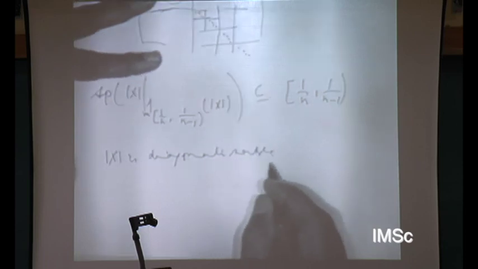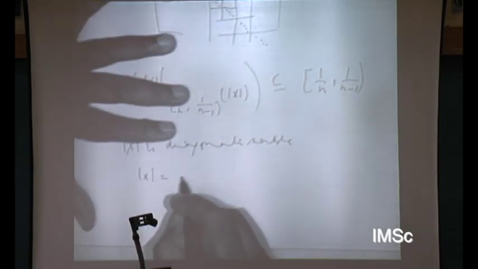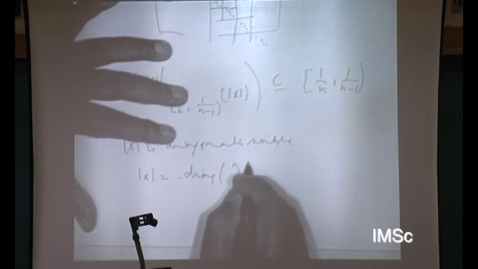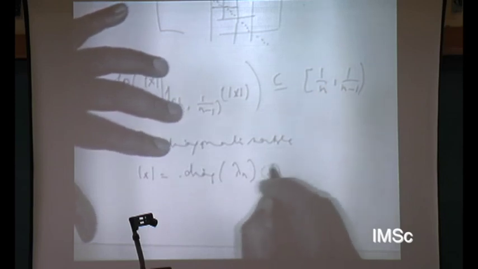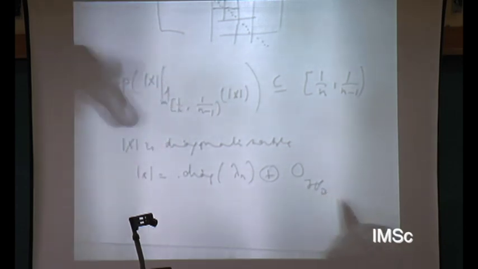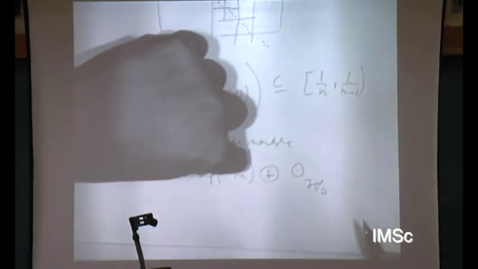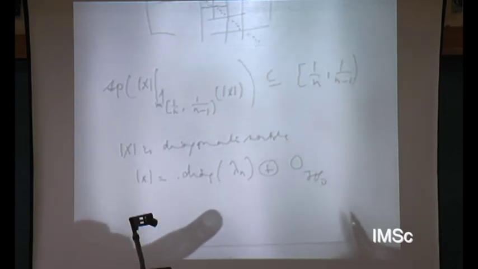It means you can write it diagonal in some orthonormal basis. It looks like this: direct sum of a 0 on H0. I don't have any control over the size of H0. Then a countable sequence of eigenvalues which decrease to 0, and this could be finite also.